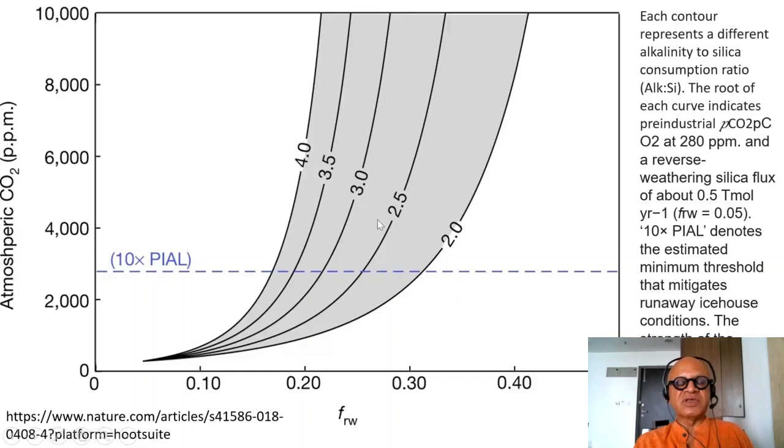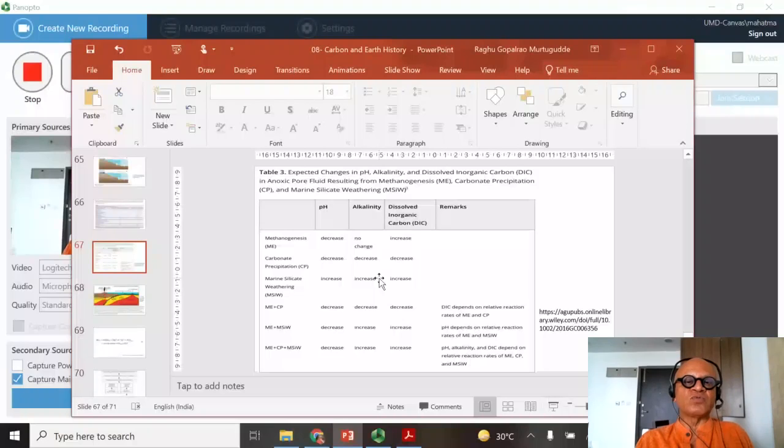And the argument has been about whether, for example, when we talked about vascular plants and their evolution, they increased weathering rates or they just affected the silicate weathering feedbacks to produce temperature change and CO2 change. And here we are talking about reverse weathering affecting atmospheric CO2 as well.